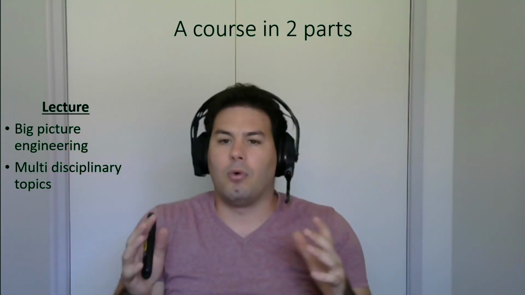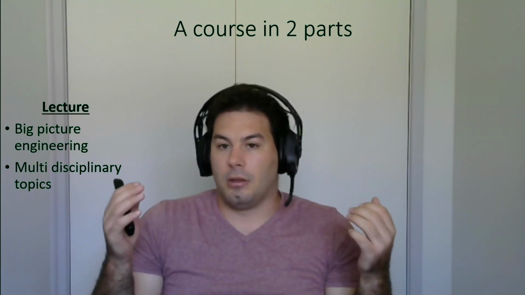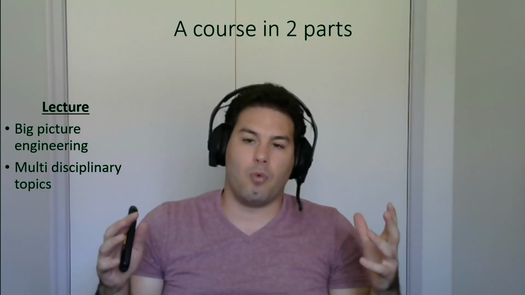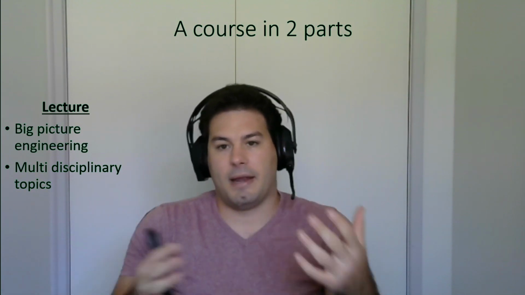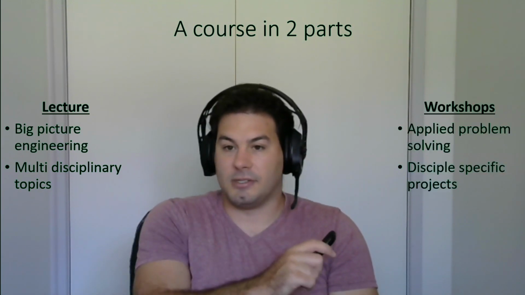So as you can tell, all of those things are generic. It doesn't matter what type of engineer you are, that's going to be useful stuff to you no matter what. And we deliberately want to break down barriers between disciplines there and talk about how we communicate across disciplines and stuff. So that's lectures.